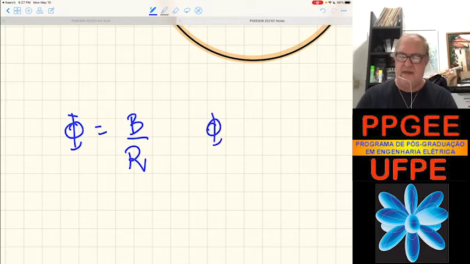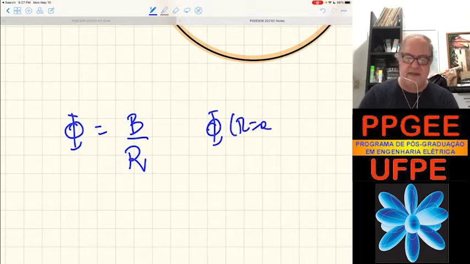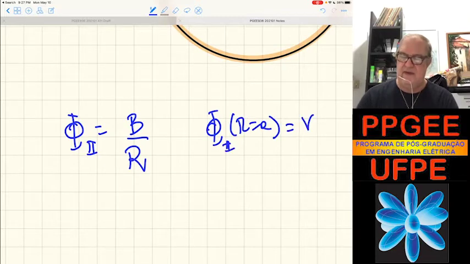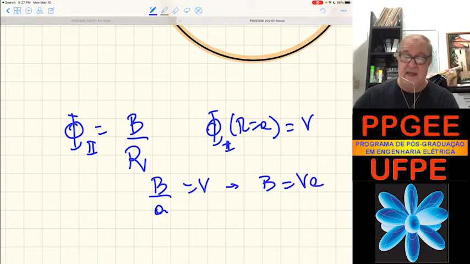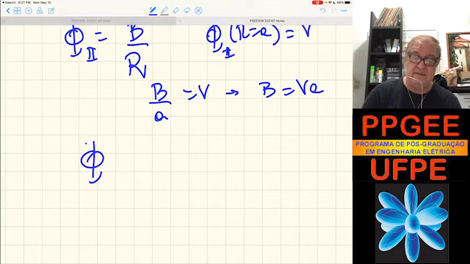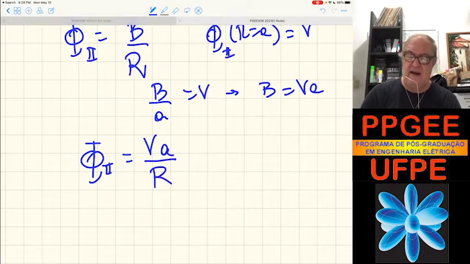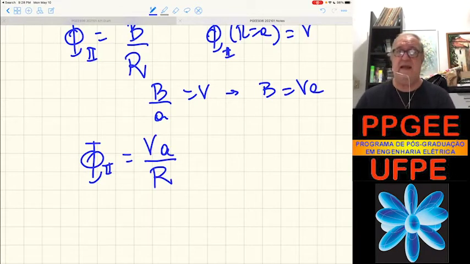And potential at R equals A, so that's phi 2, equals V. So B over A equals V, so B is given by V times A. So the solution outside equals VA over R. Now we have electrical activity outside.